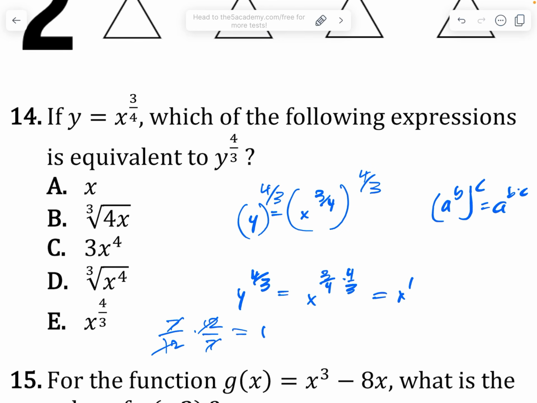Because these cancel out, you just end up with 1. Think of it, that fraction evaluates to 12 over 12, right? 12 divided by 12 has to be 1. Okay, so you end up with x.